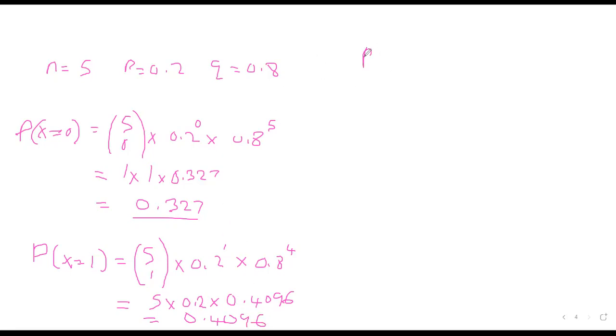Okay. Then when I go to the probability x is equal to 2, over here we're going to have 5 combination 2. So here 0.2 to the power 2 and 0.8 to the power of the difference. The difference, 5 minus 2, is 3. So 5 combination 2 is what?